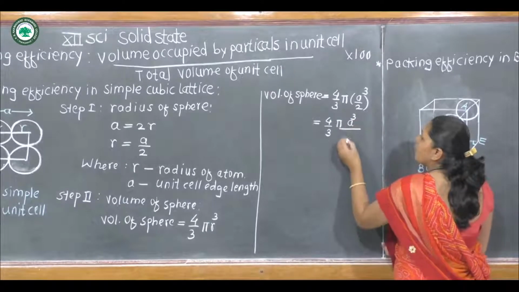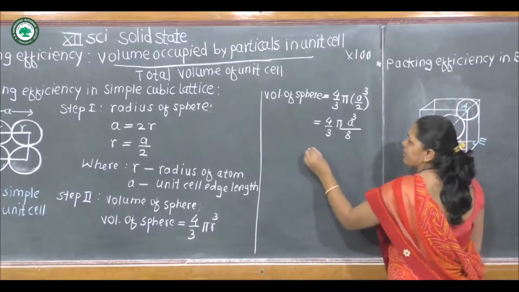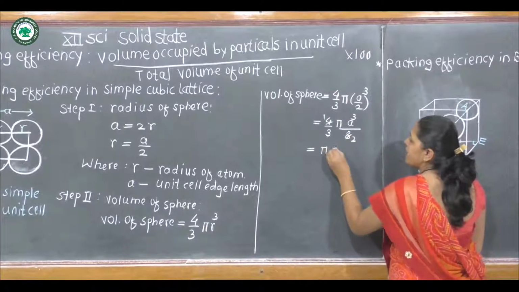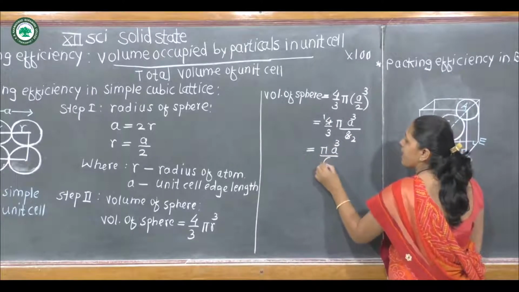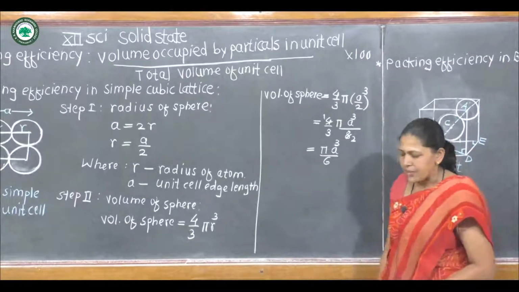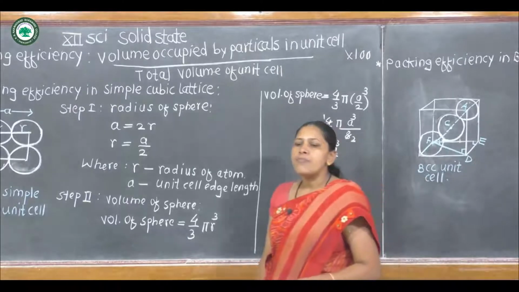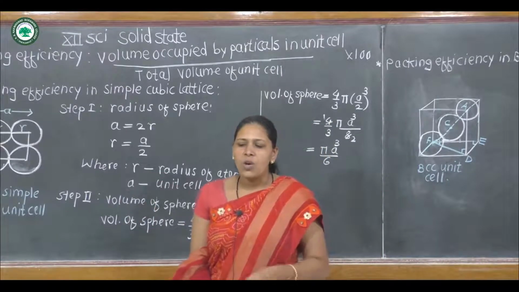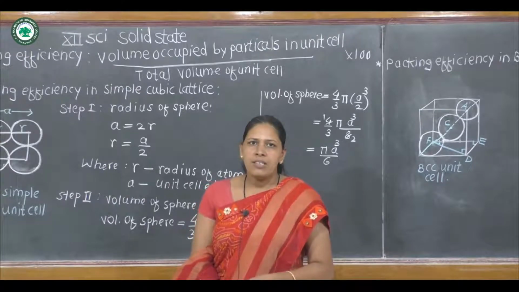What is the cube of 2? It is 8. Then by simplifying this equation, we get pi a cube divided by 6 as the volume of the sphere.